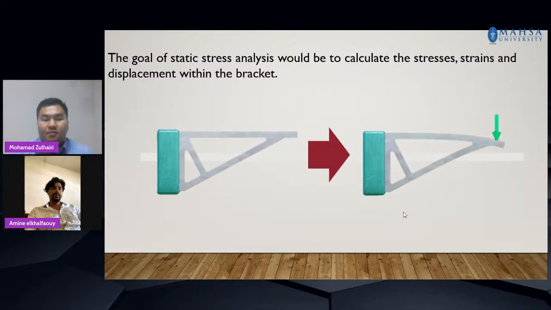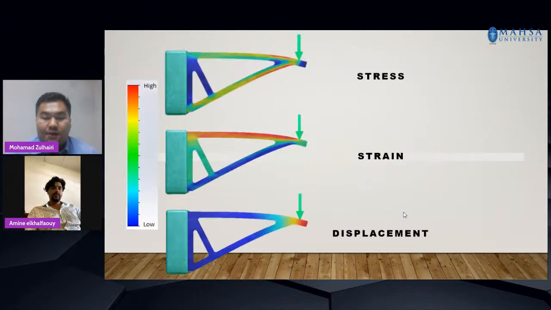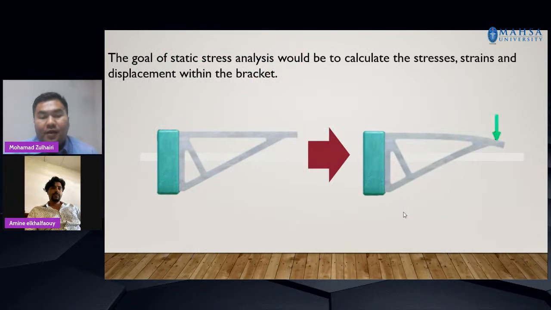Okay, after the loading has been applied, same as with other engineering or structural features, normally we will use normal calculation to identify the displacement, the stress, and the strain that happen at the bracket.